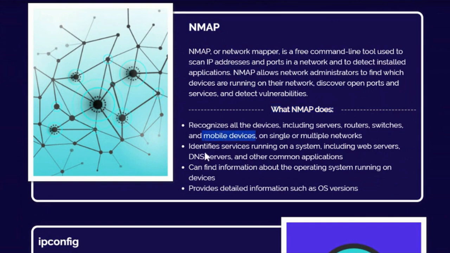It identifies services running on a system, including web servers, DNS servers, or other common applications. It can find information about the operating system running on the devices, and it provides detailed information such as the operating system version. Like not only are you running Windows, are you running Windows 11? What Windows version are you running?